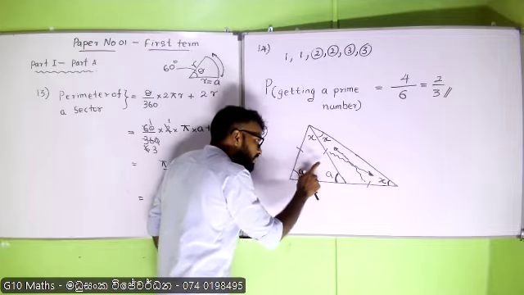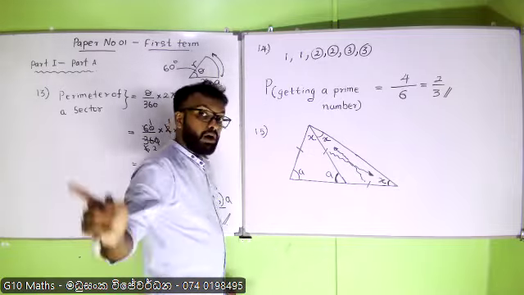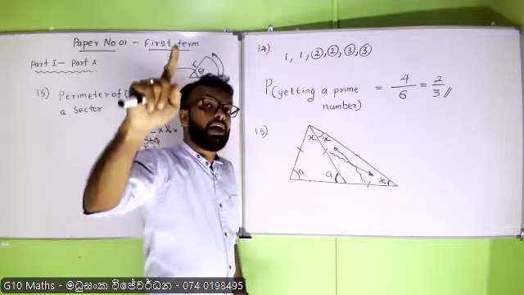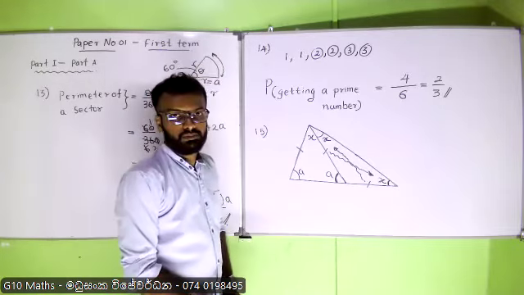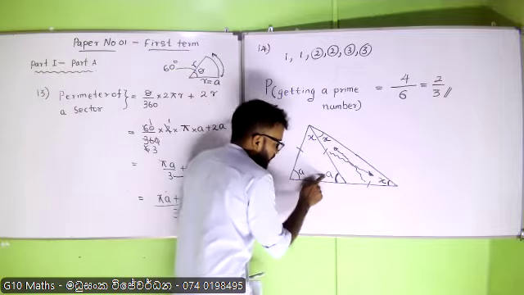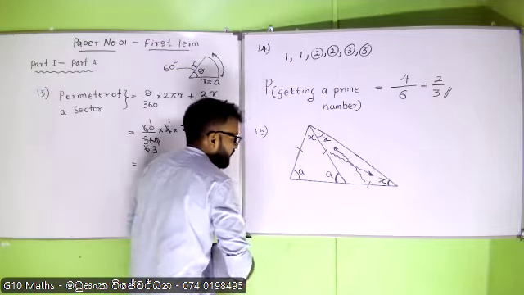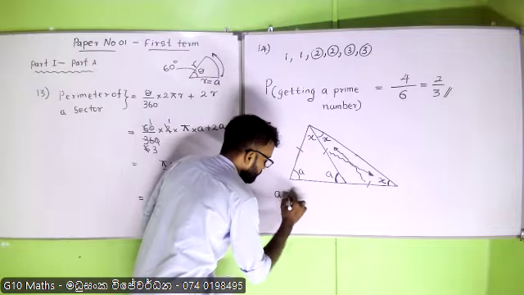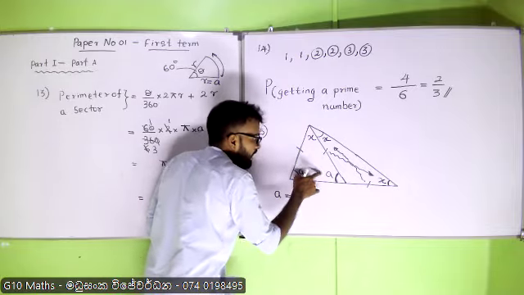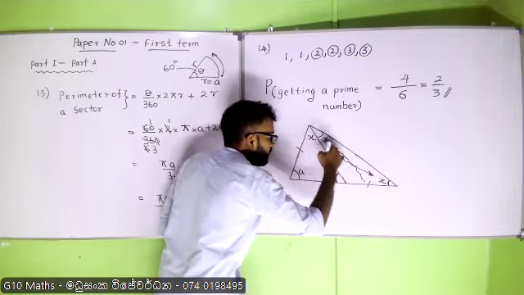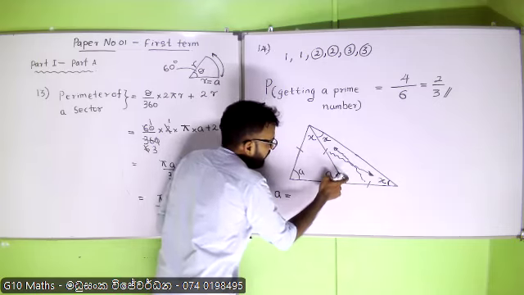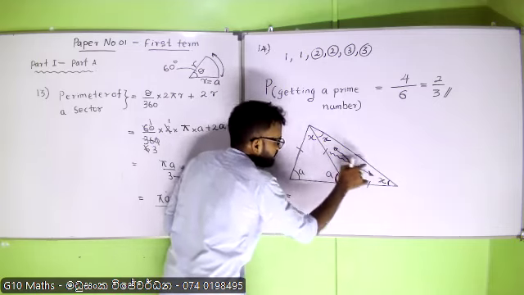So I can find the value of A by using the exterior angle theorem that we discussed under triangles part 1. Right? So I can directly write the value of A, that is an exterior angle for this triangle. Two interior opposite angles, x, x.